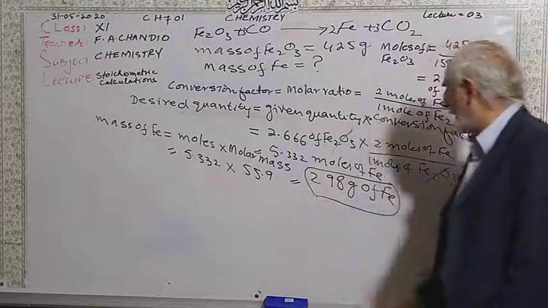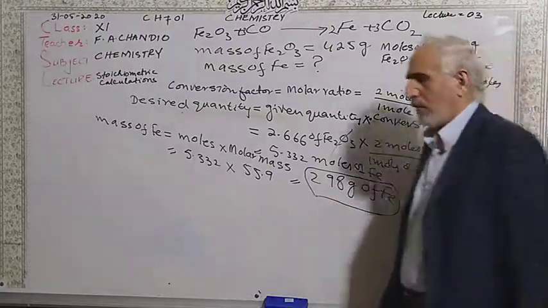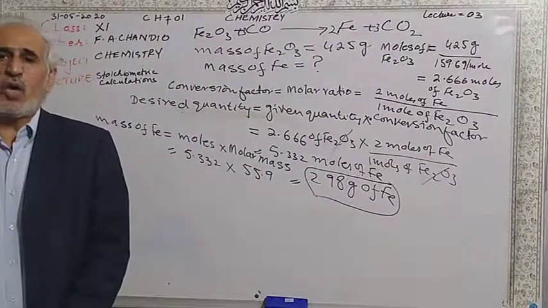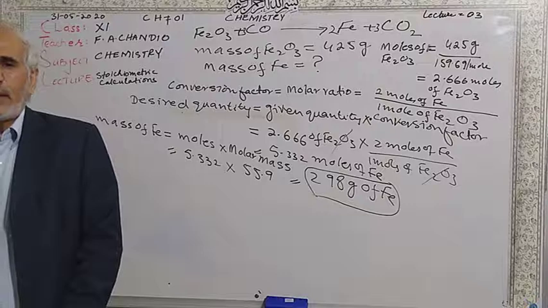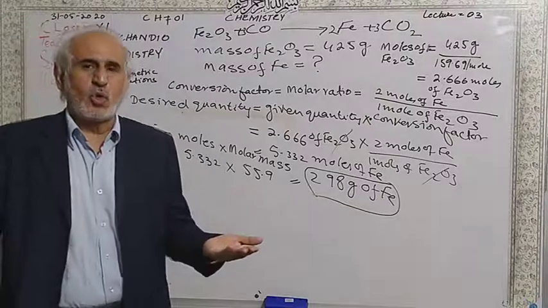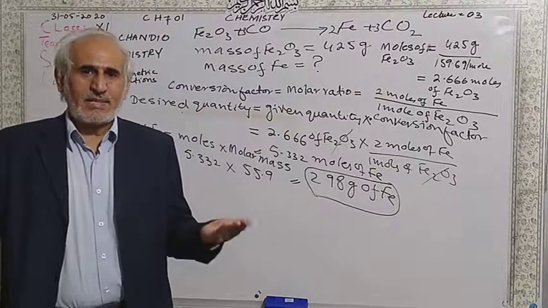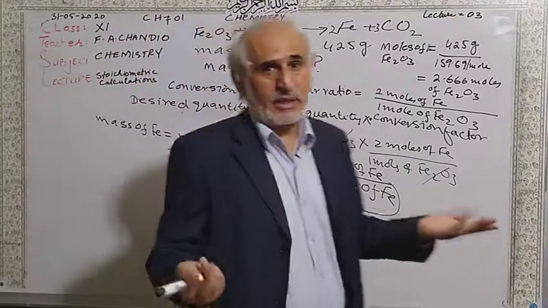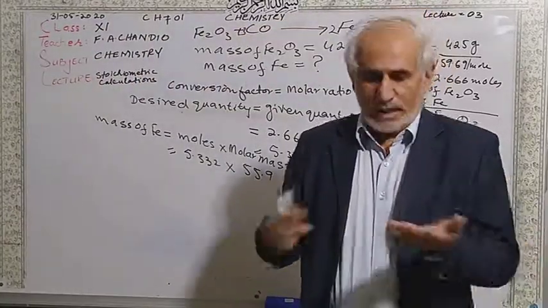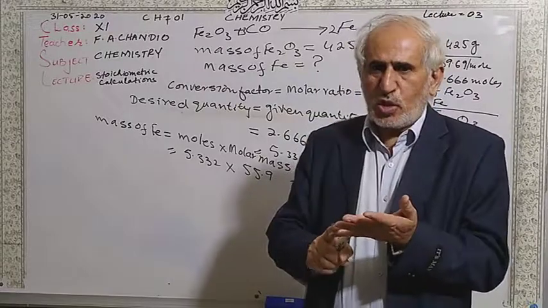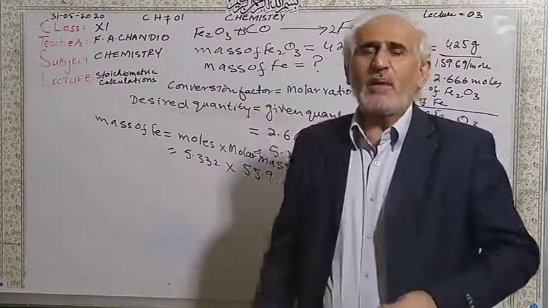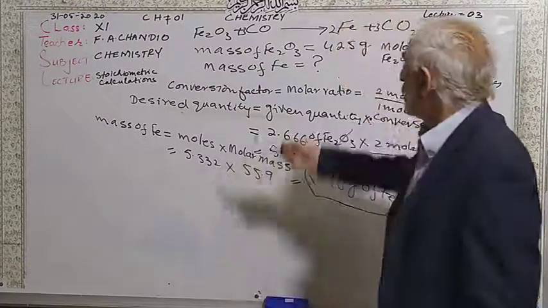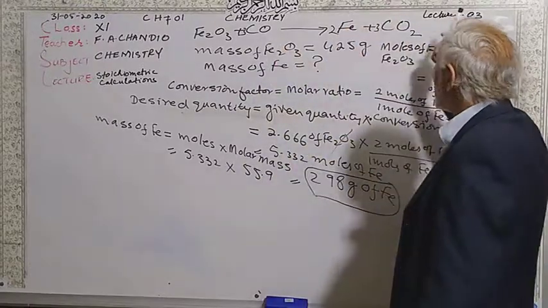If you multiply, you will get 298 grams of iron. So this is the answer. How we calculate mass to mole means the indirect method: first you convert mass into moles, then again moles into mass. So this is indirect. You can also calculate by mass to mass directly.